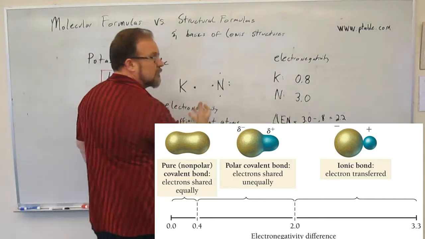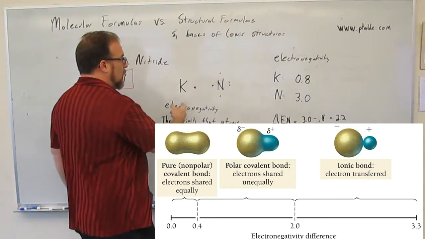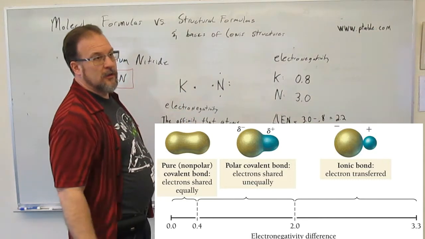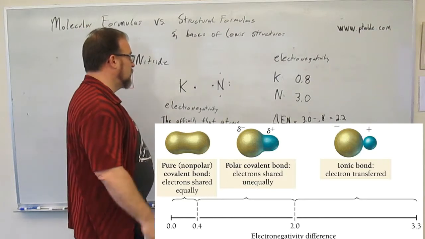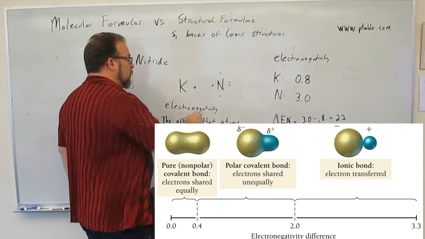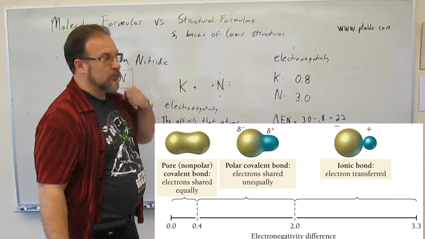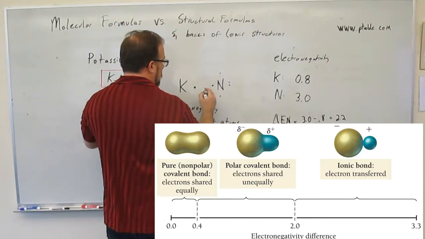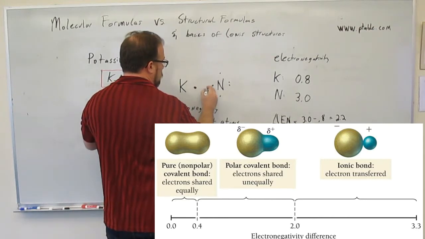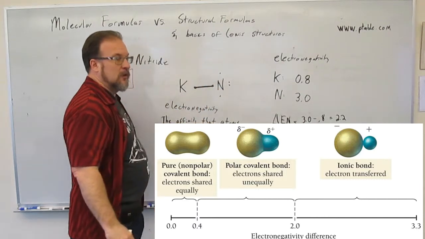So this is physically what happens. Nitrogen is so greedy for those electrons, and potassium doesn't really care about the electron it has, because its electronegativity is only 0.8. Potassium is willing to give it up. Nitrogen wants to grab it up. So what happens is this electron and this electron form a bond between these two atoms.